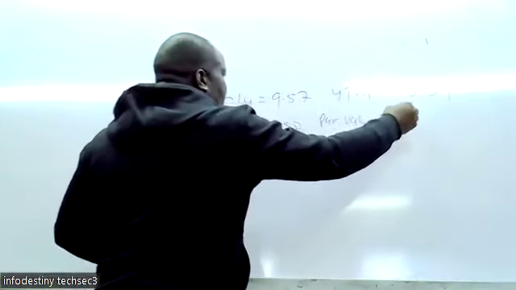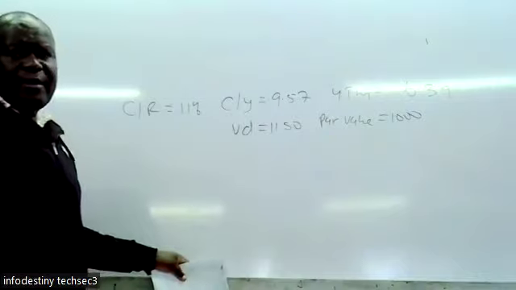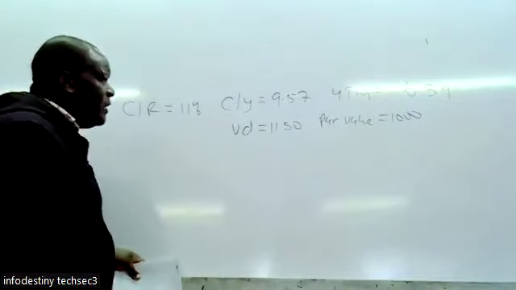The par value is 1,000. So from that information, we can make an interpretation.